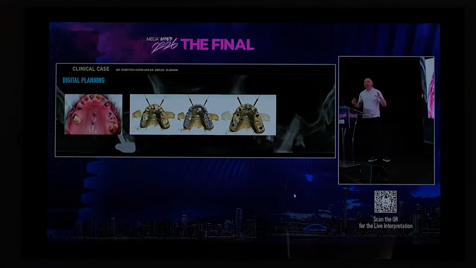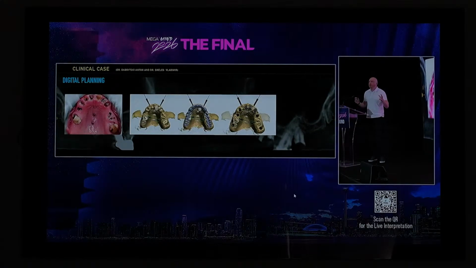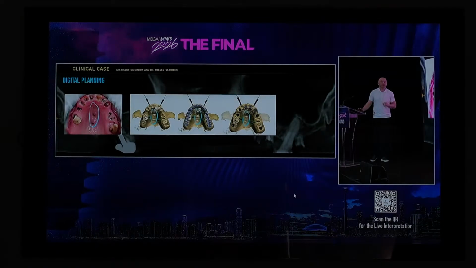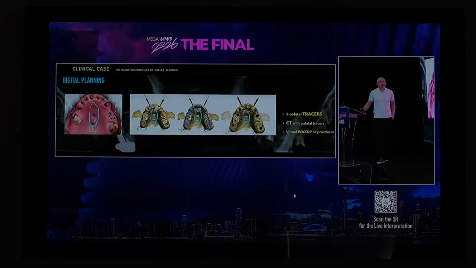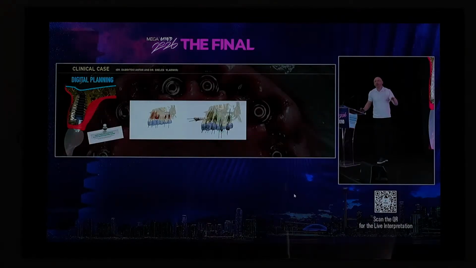Then, for collecting all information in one 3D stage, we need fixed points on the upper jaw. In this case, at least 3 fixed points. We placed 3 palatal tracers as fixed points on the upper jaw. And now we are eager for virtual implant placement.